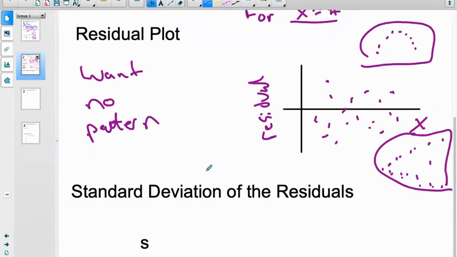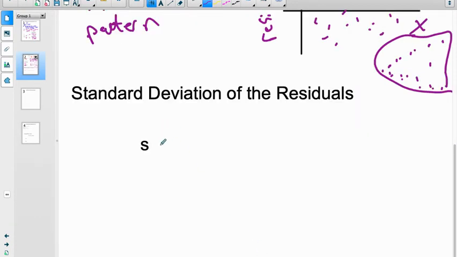Then the standard deviation of the residuals is just as it sounds. The variable we use to represent that is s.